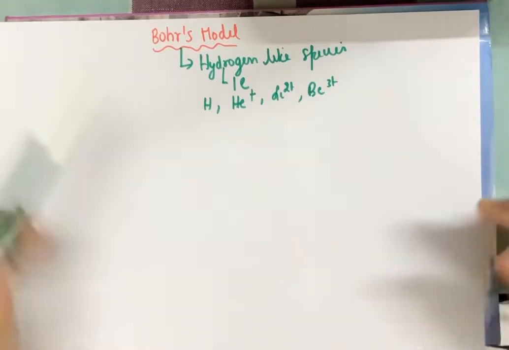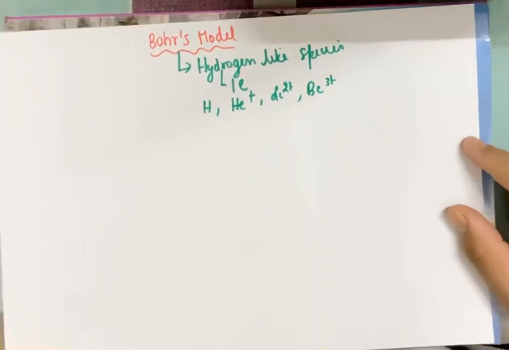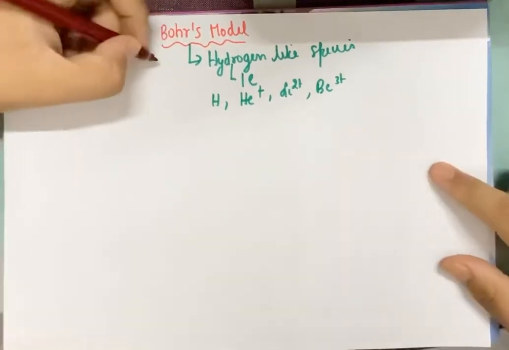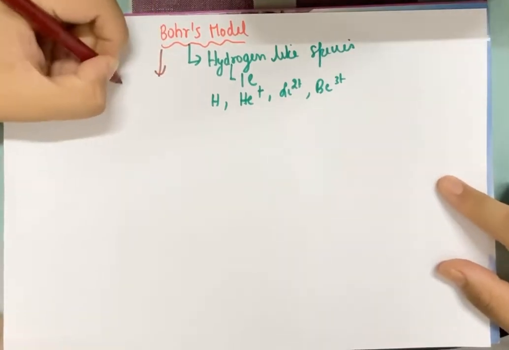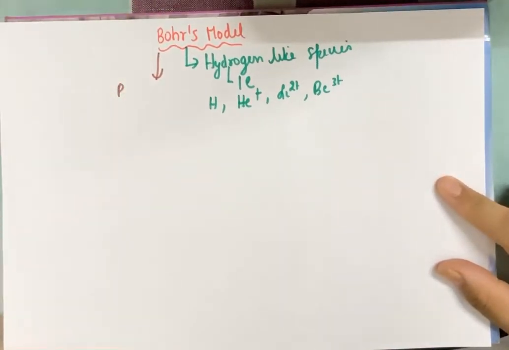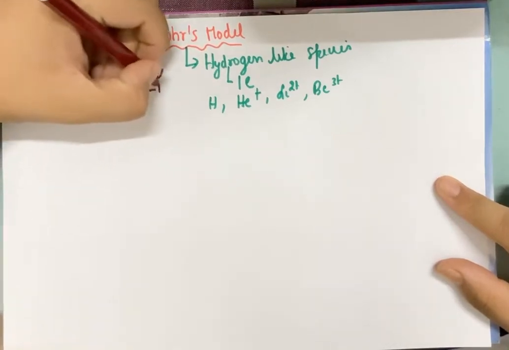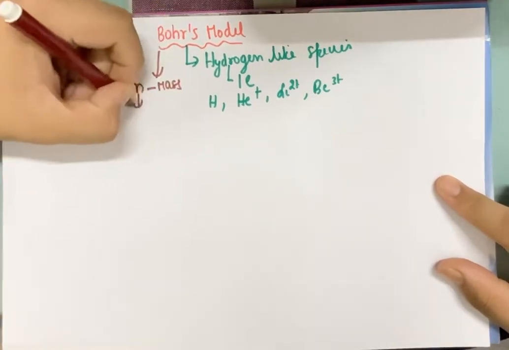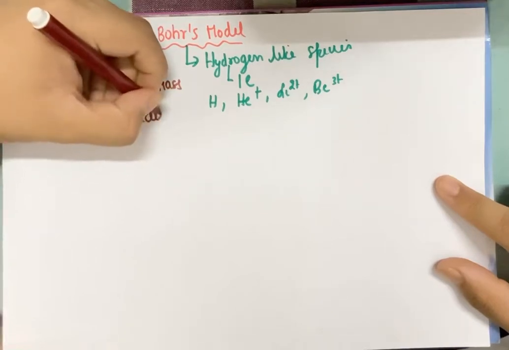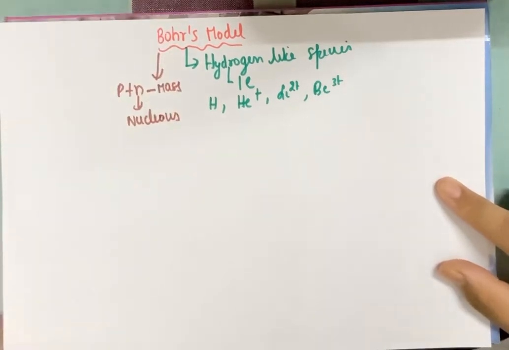Fine. Now this Bohr's model says that in an atom three subatomic particles are there: protons, neutrons and electrons. Protons and neutrons constitute the mass of the atom and they are found inside the central space called the nucleus.